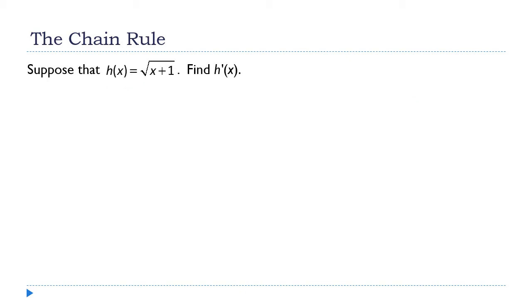Okay, so how about this thing? Now there's no fancy way to make our old school methods work. I've got nothing I can do to differentiate this based on what we knew previously. But I can use my chain rule. My inside function is this x plus 1.